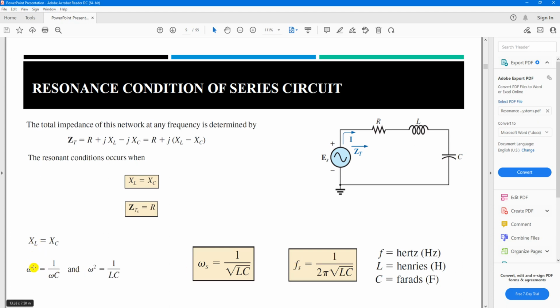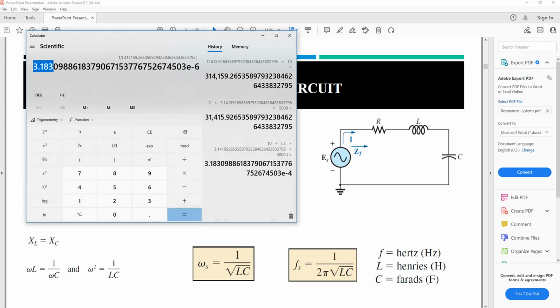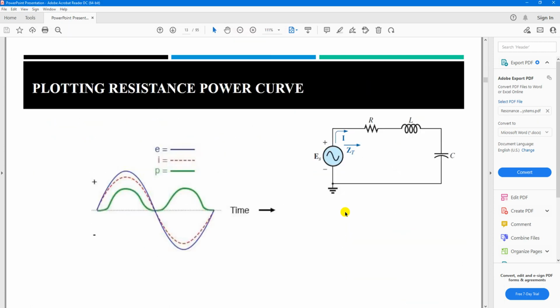XL is equal to omega L, which is 2 pi multiplied by the frequency multiplied by inductance. By substituting XL as 10 ohms and 2 pi multiplied by 5000 multiplied by L, from here we can get the inductance. Capacitive reactance XC equals 1 over omega C, so the capacitance is 1 over XC multiplied by omega. These two equations are the ones we obtained here in our calculations.